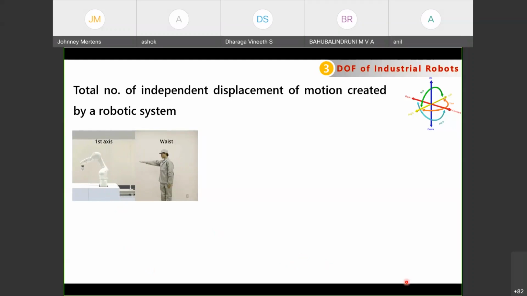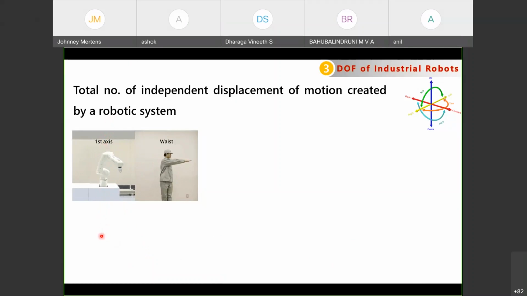If I assume the horizontal axis in this presentation slide is x, the vertical axis is y, and perpendicular to the monitor is z, then consider the y-axis. With respect to this axis, the robot can make a rotation, which is compared with the human waist rotation. So this is the first axis. The second axis is raising the shoulder, as done by the human. Similarly here, with respect to the z-axis, you can see this laser point.